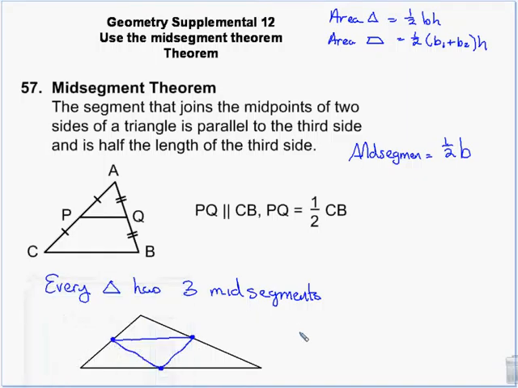If I label this triangle ABC, and the little triangle that gets created RST, TS would be parallel to AB, and TS is 1/2 of the length of AB.